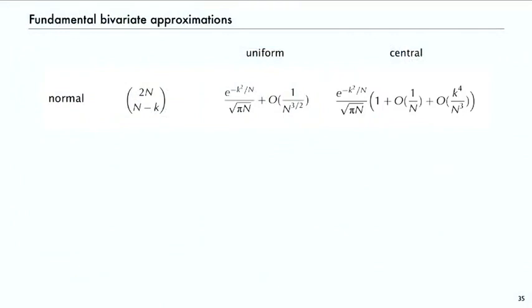Again, different arguments depending on different ranges of k. In most cases, we'll have an approximation that's true no matter what the value of k is. And then other times we'll have a more refined approximation that'll give us a little more accuracy near the center. So that's the end result for the normal distribution.